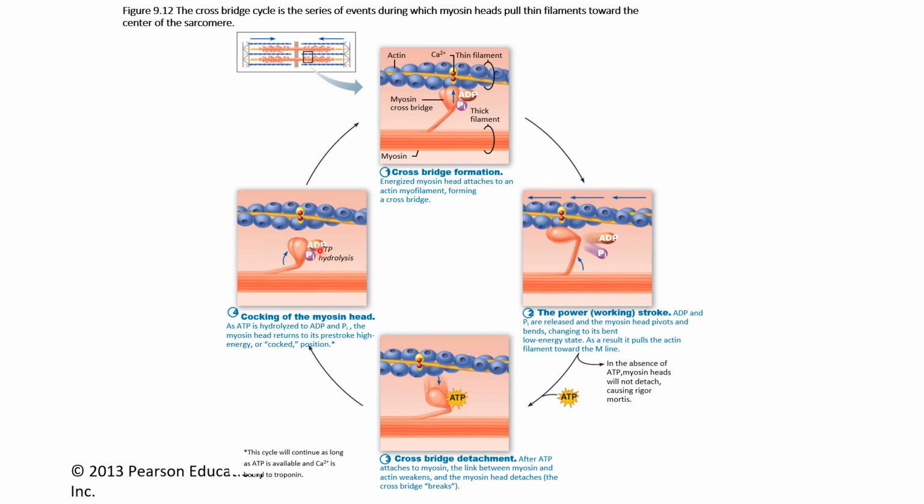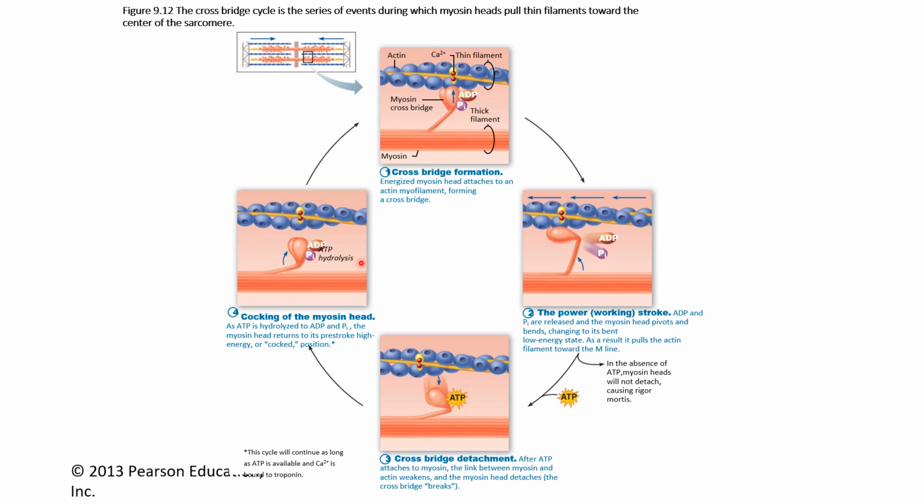Now, after ATP binds to the myosin head, notice how the head is still bent. Now we need to allow the head to go back to its normal position. And so to do that, ATP breaks down, which we refer to as ATP hydrolysis.